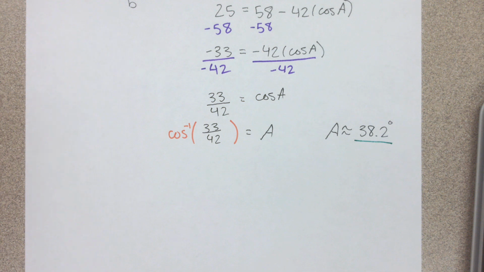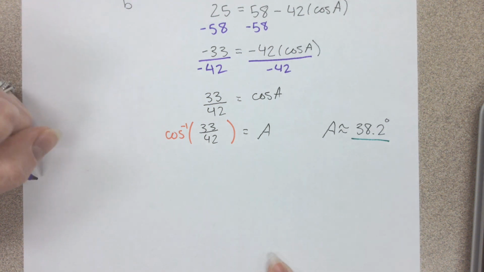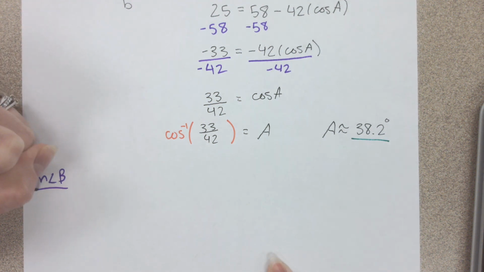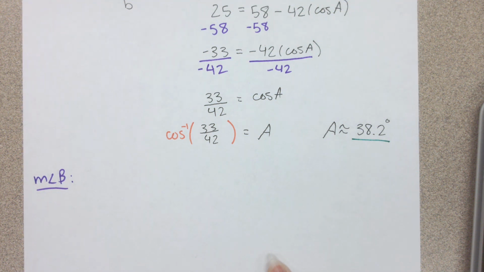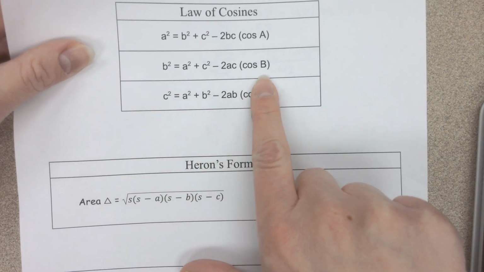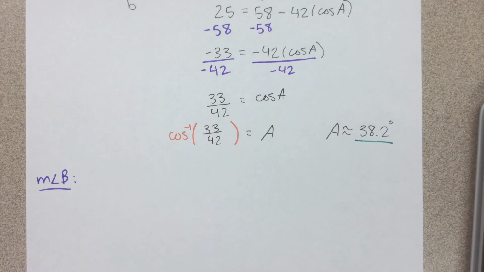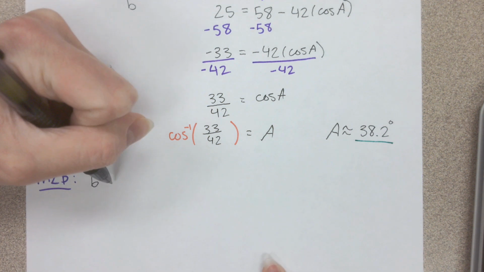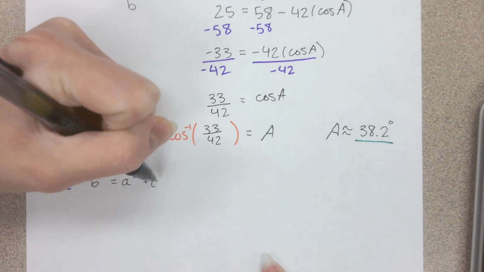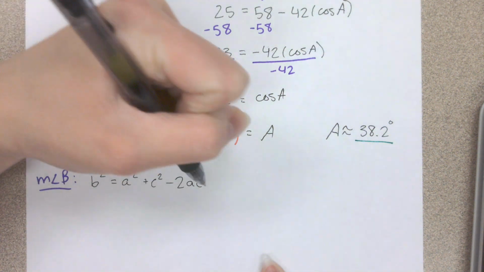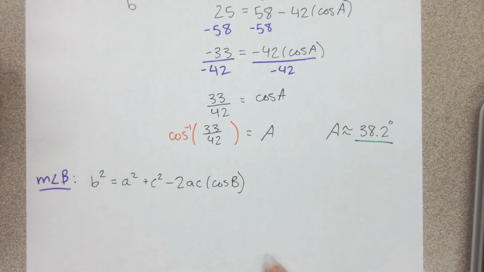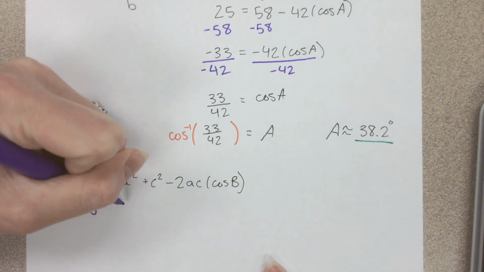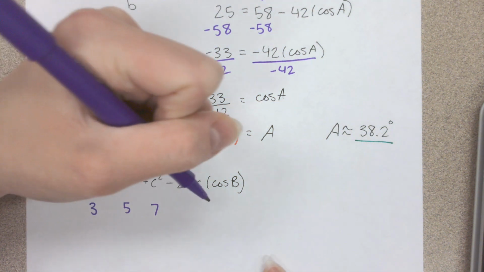I'm going in alphabetical order, so I will find angle B next. This time I'm going to use the second law of cosines equation since I want B. We have B squared equals A squared plus C squared minus 2AC cosine of B. Plugging in, B is 3, A is 5, C is 7.